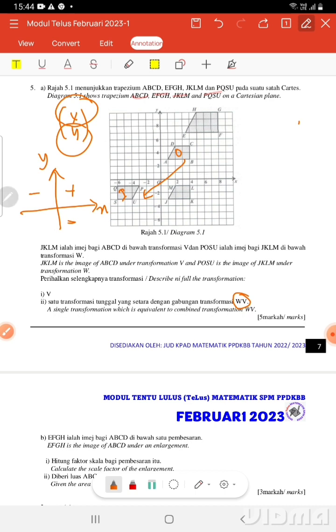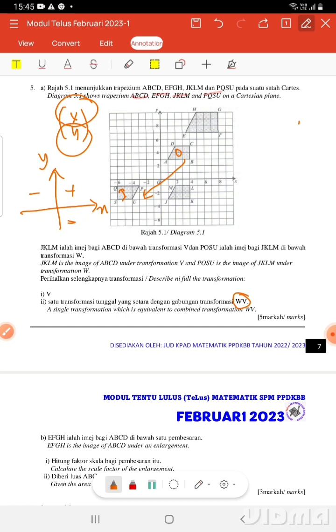Sekarang kita nak tengok daripada ni pergi sini. Kita dah tahu yang ni daripada objek ABCD ke ni memang bukan translation. Memang bukan reflection, memang bukan enlargement.